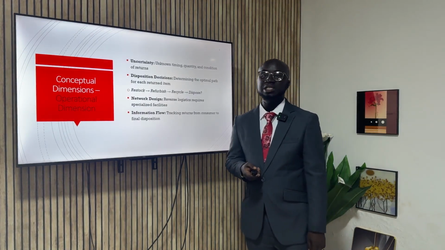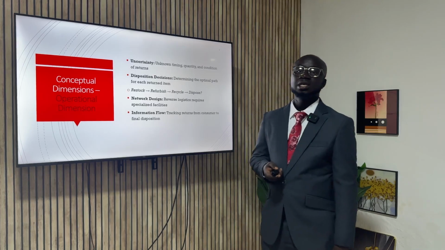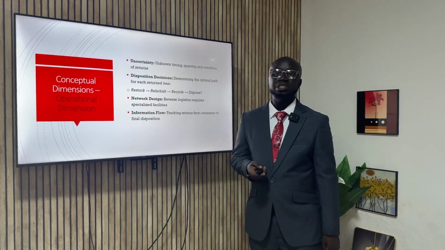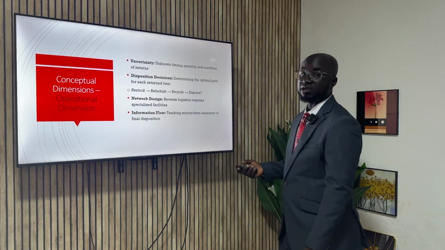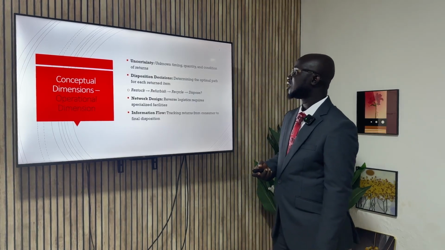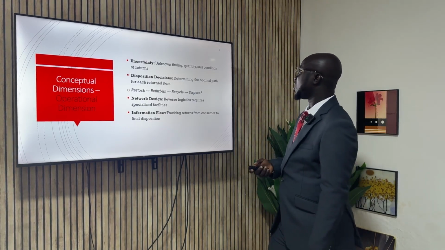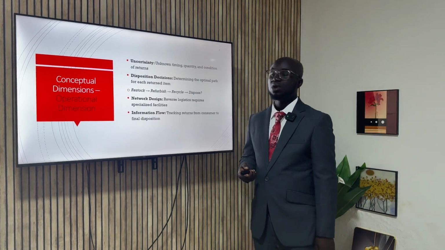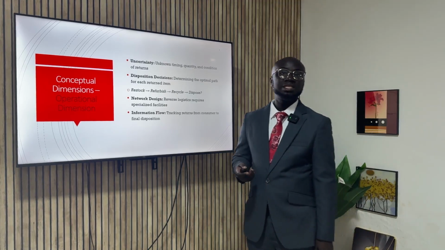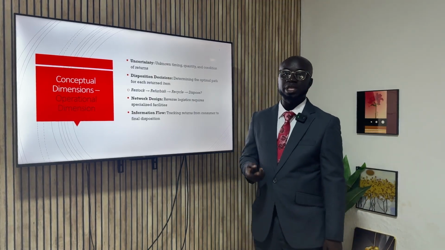Now, with the operational dimension, that is where there is a problem, because operationally, reverse logistics is very complex. It is very complex because of its uncertainty, especially the unknown timing, quantity, and conditions of returns. You don't know when returns will come, what conditions they will be in, or what to do with them.